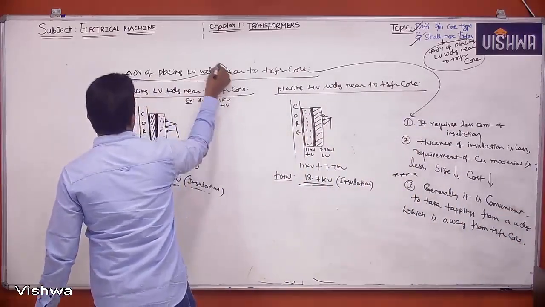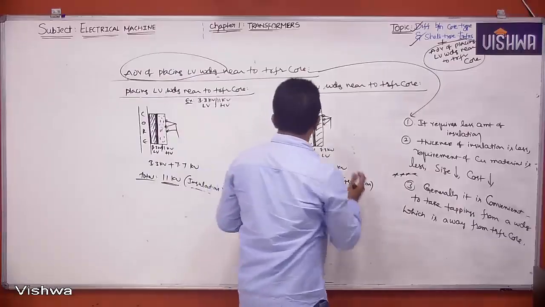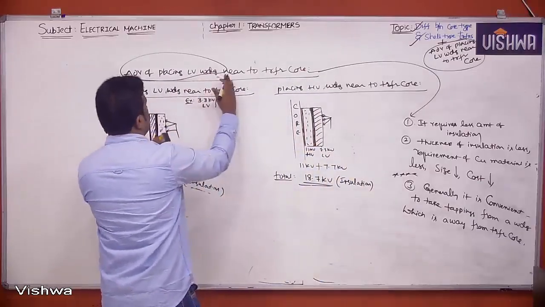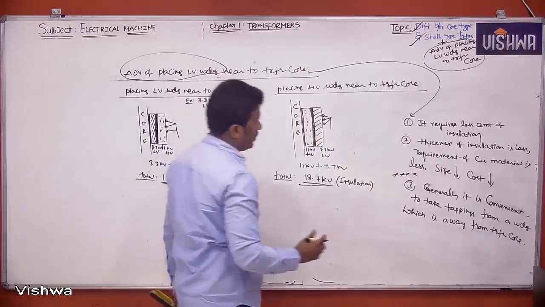What is our heading? Advantage of placing low voltage winding near to the transformer core. We are placing the low voltage winding near to the transformer core. That means the high voltage winding is away from the transformer core.